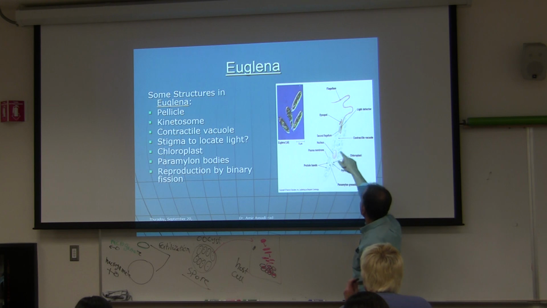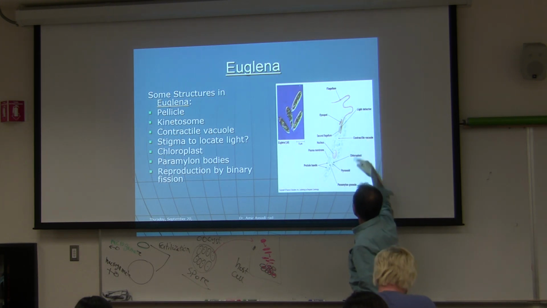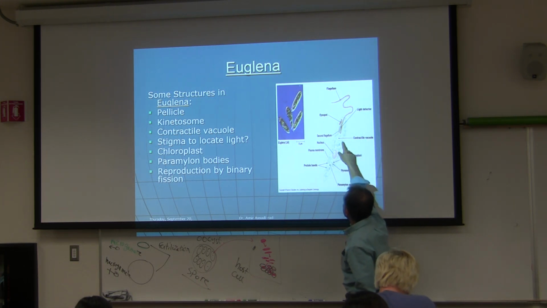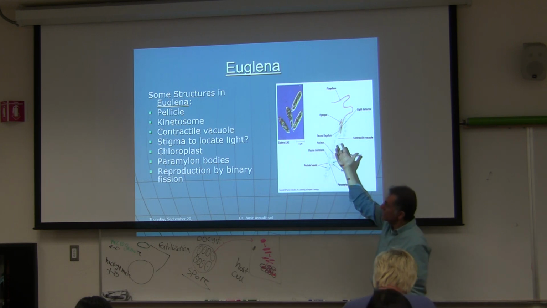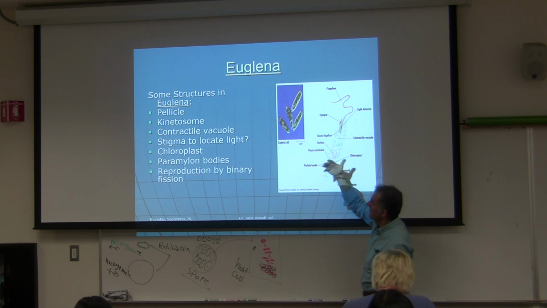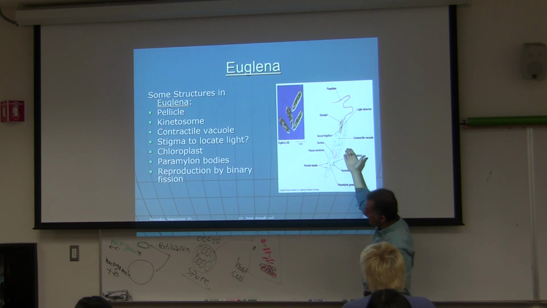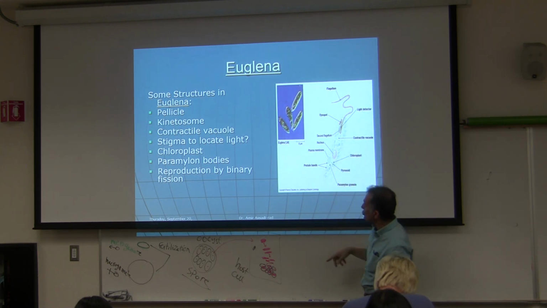And then kinetosome is a DNA material. They may label it in here or not. It's a DNA material that we still do not know the function of, but they're saying maybe that helps with flagella. Contractile vacuole, of course, stigma to locate light for photosynthesis. Chloroplast, I showed you.